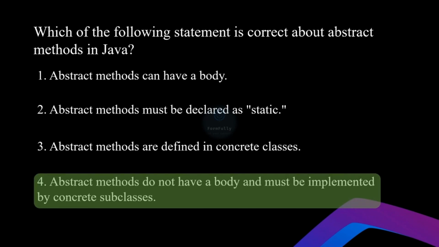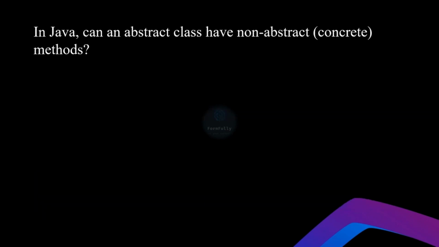They must be implemented by concrete subclasses. Options 1, 2 and 3 are incorrect because abstract methods cannot have a method body, do not have to be declared as static, and are not defined in concrete classes. So option 4 is correct. Moving to the next question.